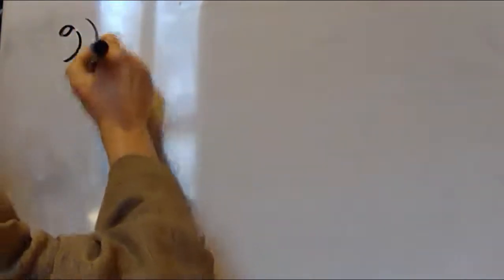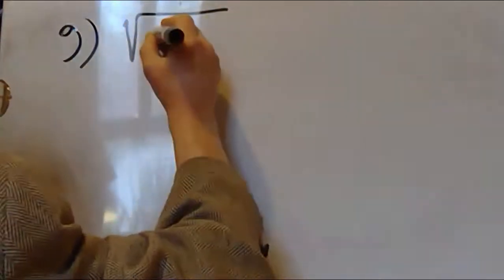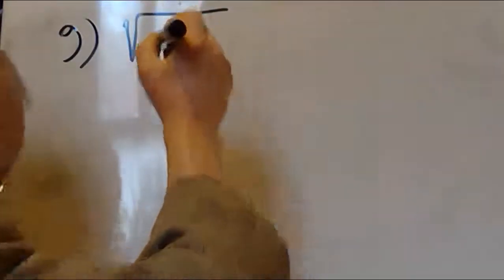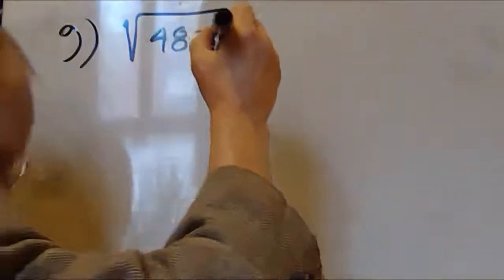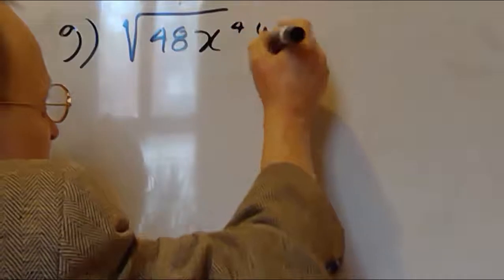Now let's look at an example where everything is not a perfect square. And you may ask, well, what do we do about that? Well, that's what we're going to do in example number 9. They ask us to simplify the square root of 48 x to the 4th y cubed.